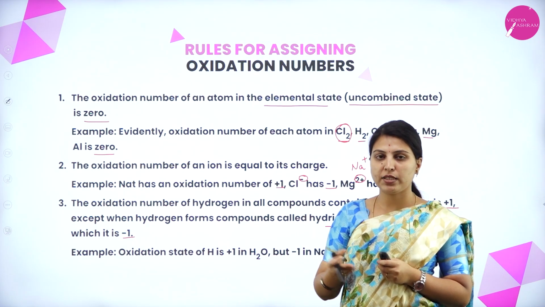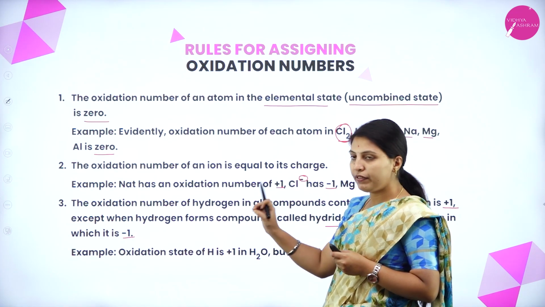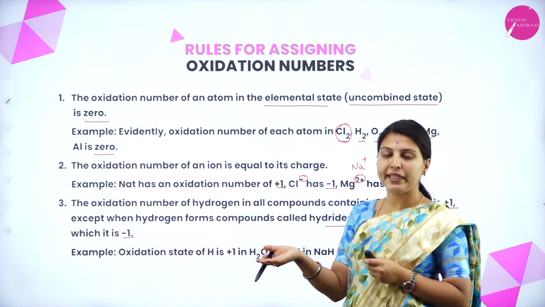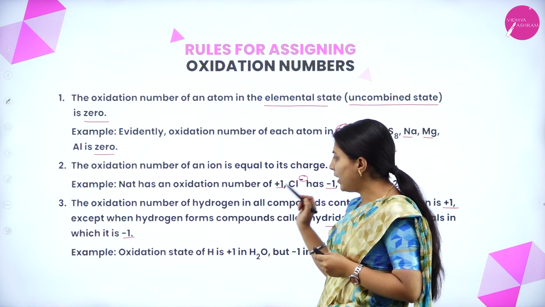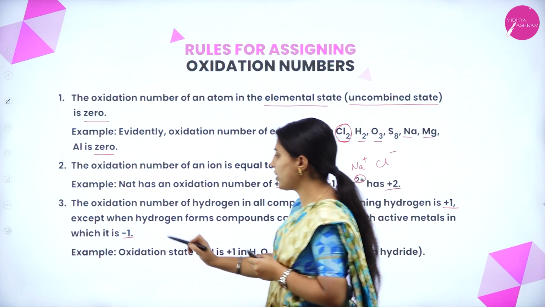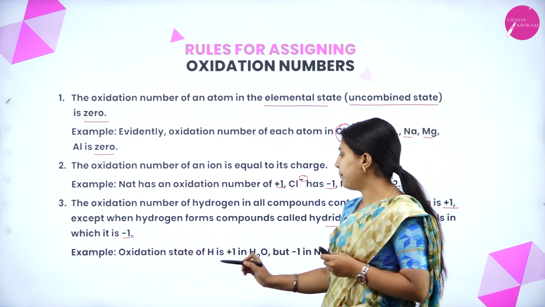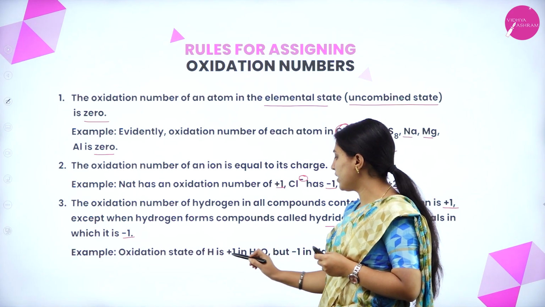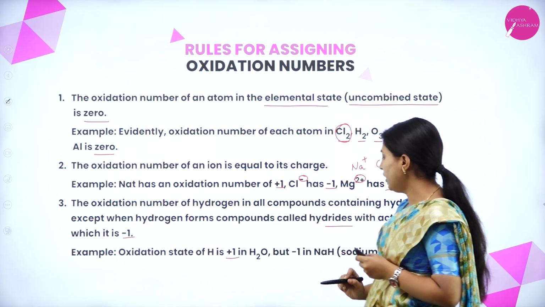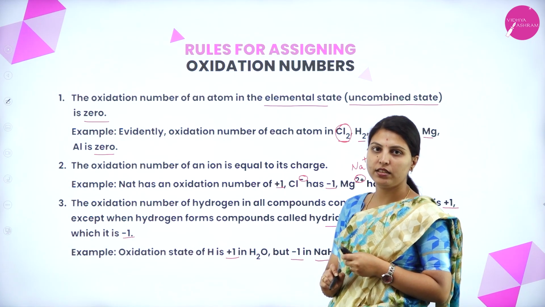You know that s-block elements are usually metals. So if hydrogen reacts with metals, it forms hydrides, and the hydrogen present in a hydride has oxidation number -1, not +1. Example, the oxidation state of hydrogen is +1 in water, but in NaH, that is sodium hydride, it is -1.